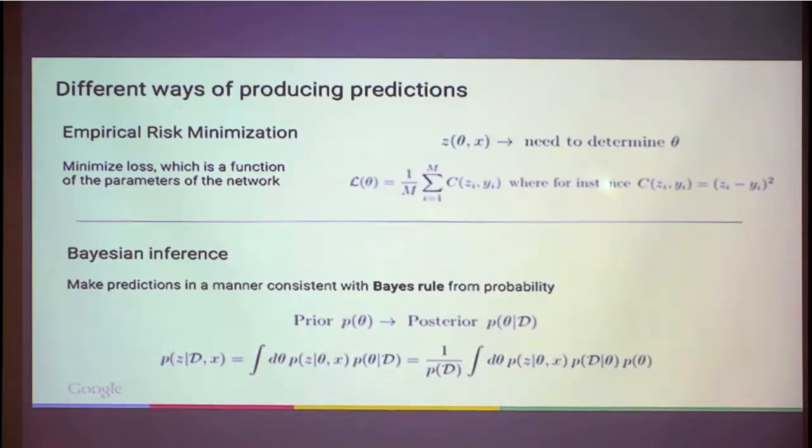So for every x that you send in and for every choice of parameters that you have, you get some new output. For instance, it's plus or minus 1 depending on whether you're thinking about a cat or a dog as a class. Now, what you do is you just kind of, in an unprincipled way, add a cost function to the end of this network, which penalizes you if the value produced by your neural network for the training set points that you have does not match the actual true values y sub i.